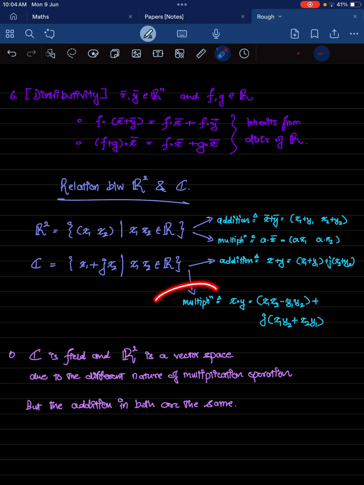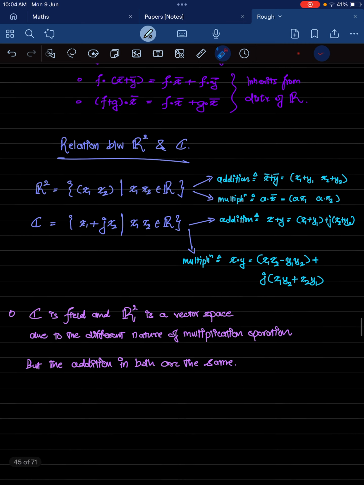The multiplication although is defined in a very weird way. But this sort of multiplication is what exactly enables our complex numbers to be established as a field, while R square is stuck being a vector space. So if you look at the relation between C, the set of complex numbers, and R square, the real vectors, if you set any of the complex numbers in the multiplication to a real number, then it will be the same as a scalar multiplication only.